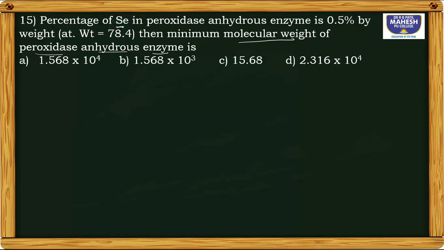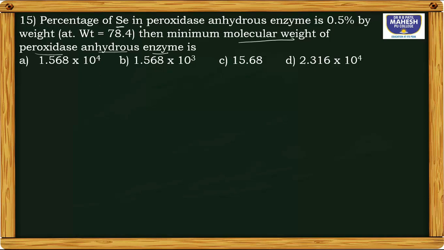So in 100 gram of enzyme, 0.5 gram of selenium is present. That is what the question says, and atomic weight they have given. Let us do that, students.